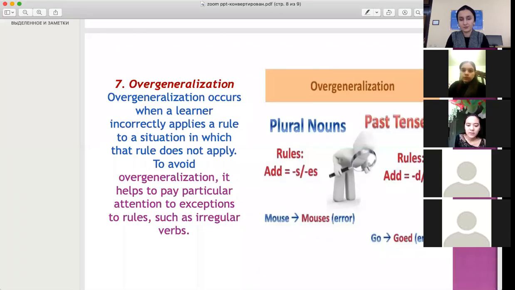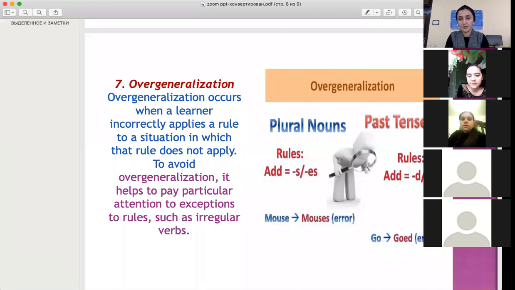But some nouns don't add s or es; they change their structure. And in tenses, we have this type of rule as well, like adding d or ed to form the past tense.